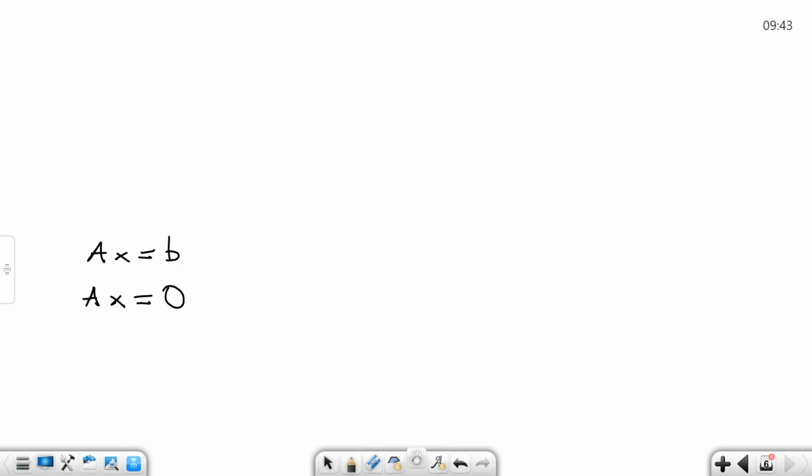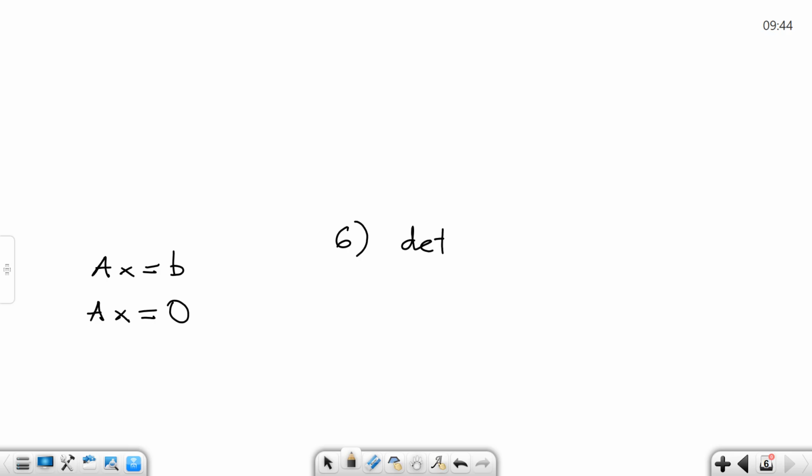Another thing that you can add to that, I would be glad to give you credit for, is A is invertible. And so we'll add this in chapter 3. You can go ahead and add it now if you'd like. Number 6, if you want to put number 6 on the list, is determinant is not 0. If the determinant is 0, it does not have an inverse. It's singular.